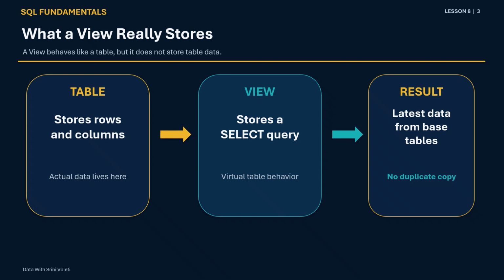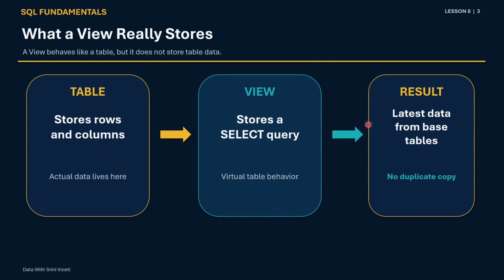Let us make the architecture precise. A normal table stores rows. A normal SQL Server view stores a query definition. When we select from the view, SQL Server uses the definition as part of the query. It executes against the underlying objects. That's why we call a view a virtual table.